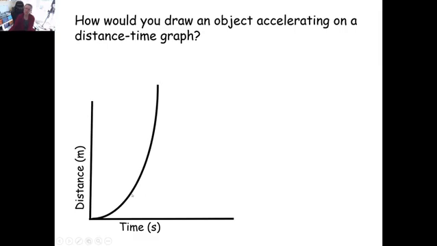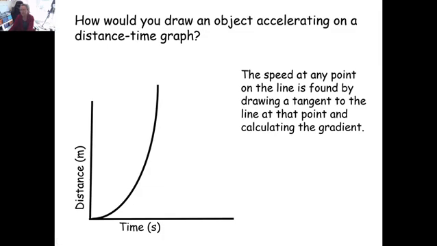Now, it's really important that if you want to be able to measure the speed at any particular time, that you are able to understand how to draw a gradient, because this is what you do. You pick the time that you want, and then you draw a gradient or a tangent at that point.